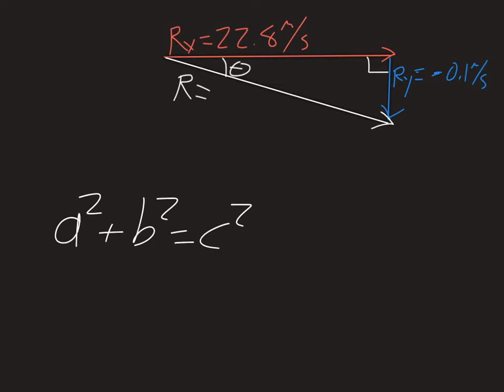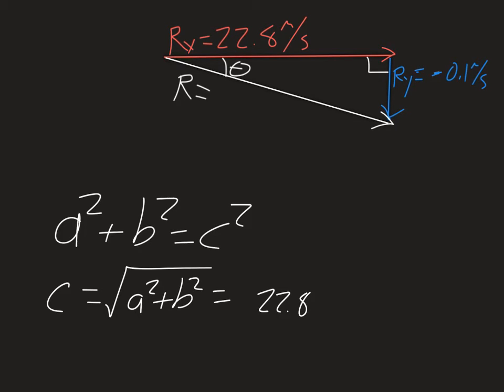Or if you want to solve it for c, which we're doing, it's going to be c is equal to the square root of a squared plus b squared, right? In this case, c is actually going to be our resultant magnitude. And we can plug that in and get it pretty easy. So let's go ahead and do 22.8 squared. Oh, don't forget our units.